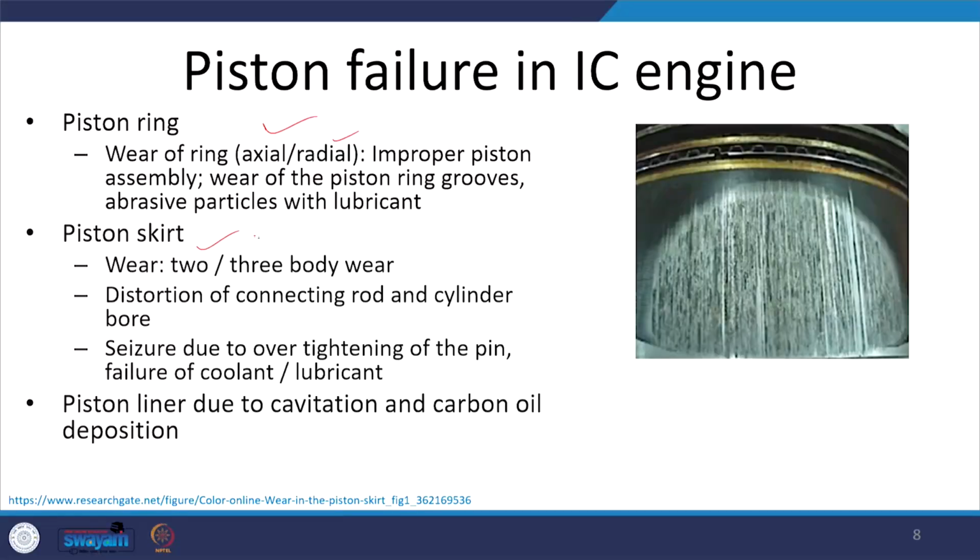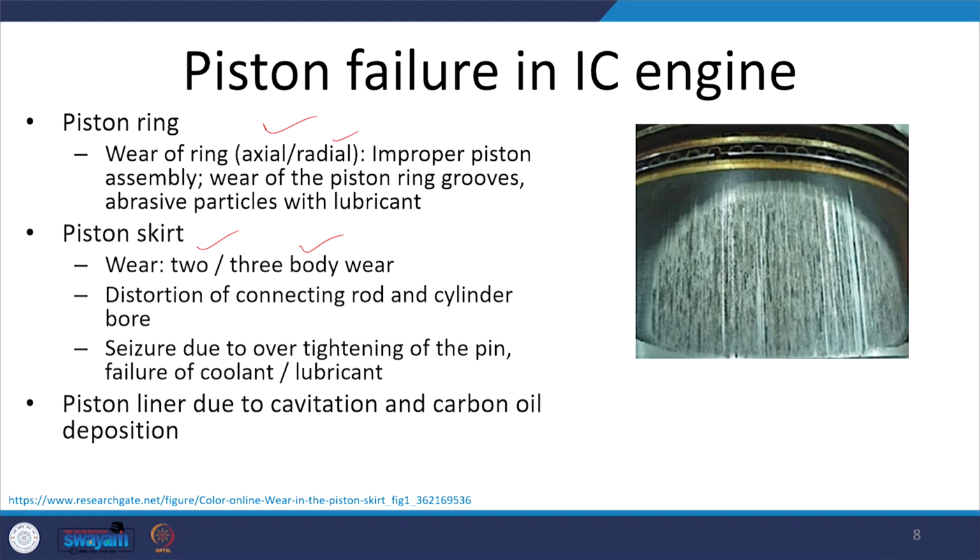The piston skirt, the lower part of the piston, can get damaged due to wear, two body or three body wear, distortion of the connecting rod and the cylinders, and seizure due to over tightening of the pin and failure of the coolant and lubricant. And the piston liner can fail due to cavitation and carbon oil deposition.